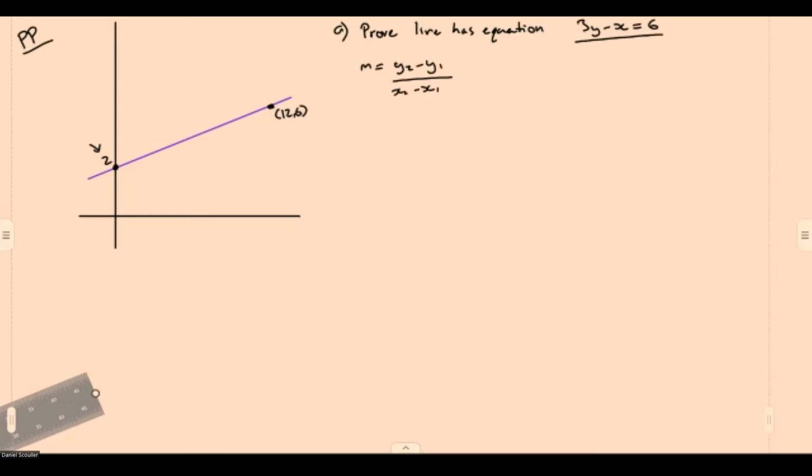So it's cutting the y-intercept when y is 2, x is going to be 0. So the coordinate of that is going to be 0, 2. So that can be your x1, y1. That's going to be your x2, y2.